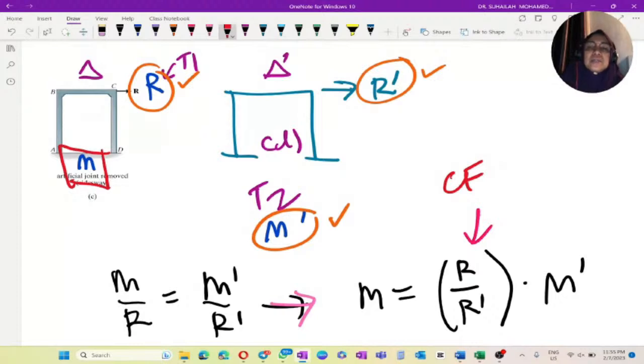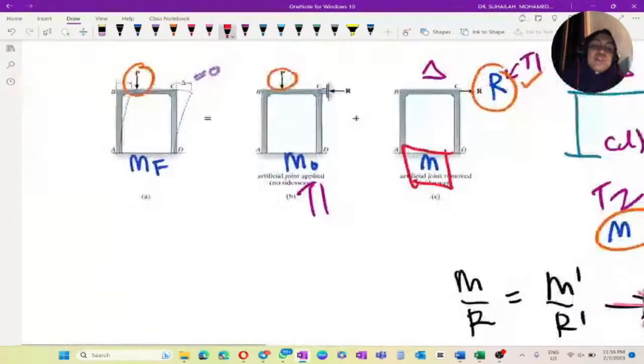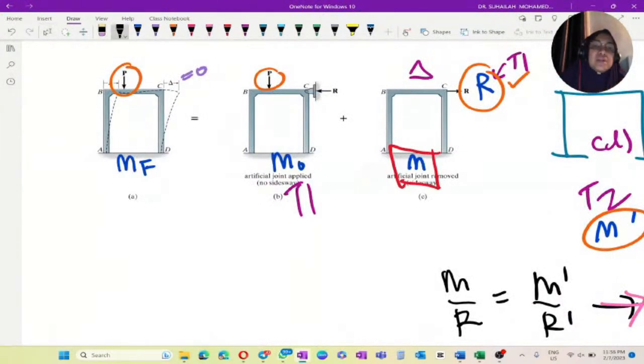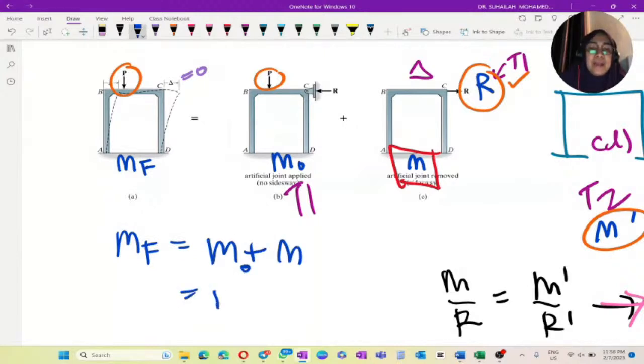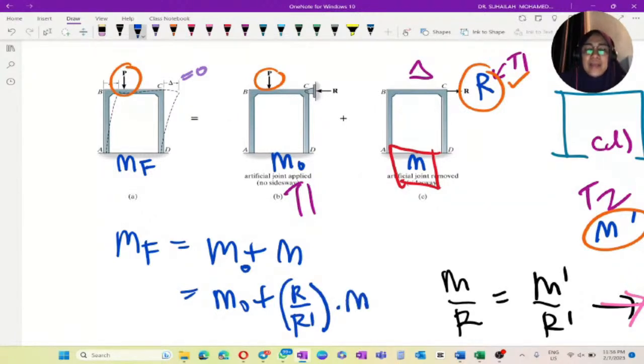Okay, so this M, which is equal to R divided by R prime times M prime, we substitute into the formula. So the final end moment is M naught plus M, and M is R divided by R prime times M prime.